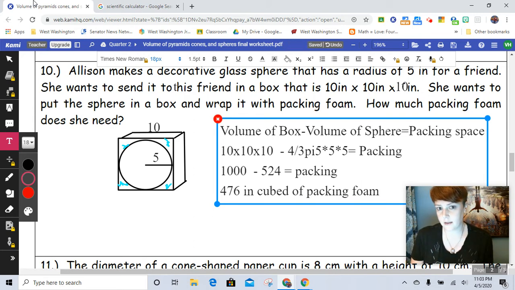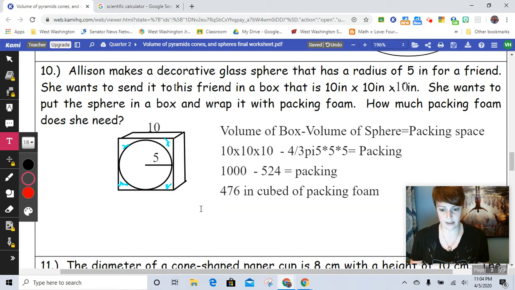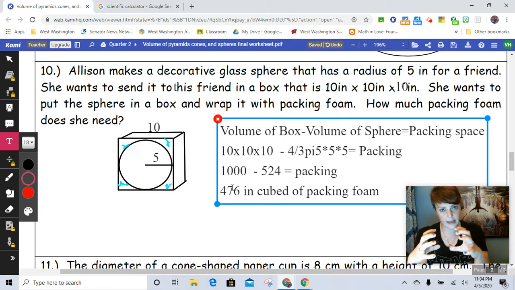And the one that is in your homework is very similar, actually. The difference is instead of having one glass sphere inside a box, we're having 3 tennis balls inside a tube. And a tube is like this silly string. It's in a can, a cylinder.